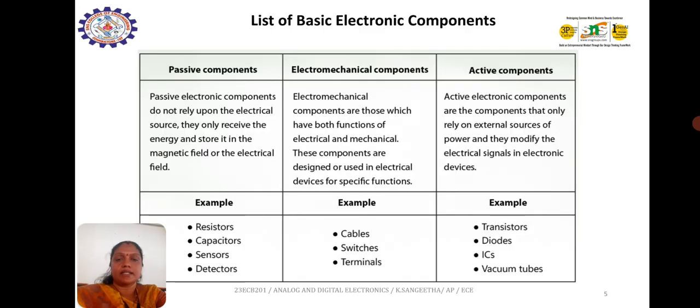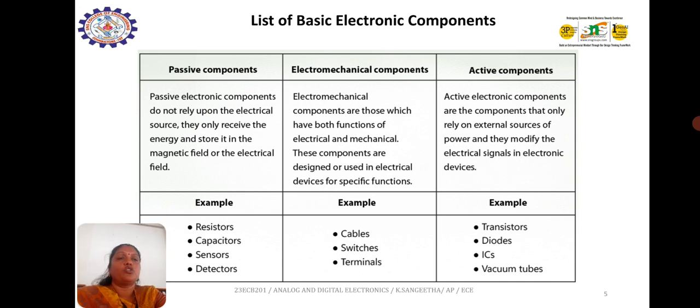Now let us discuss the list of basic components in analog electronics. It is divided into three major categories: passive components, active components, and electromechanical components. The passive components do not rely upon an electrical source. Examples: resistor, capacitor, sensors, detectors.